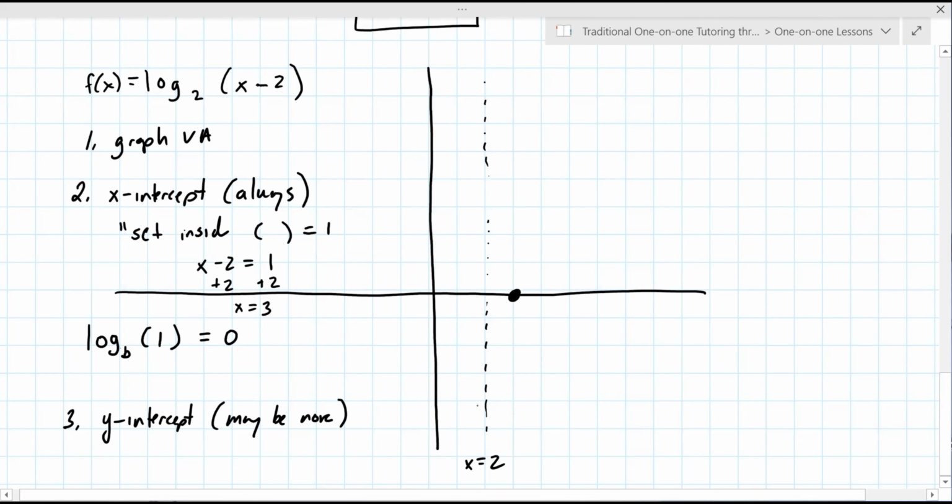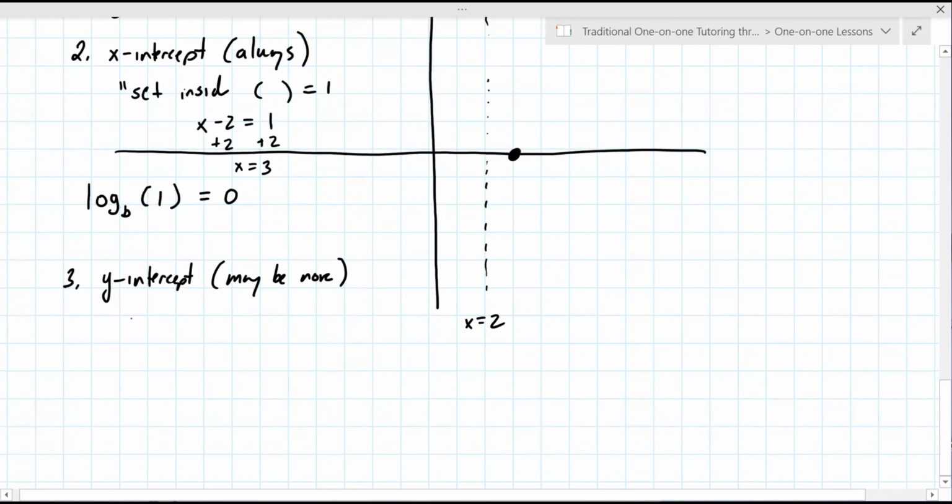Now there's another way we can do this, but we kind of already have. The y-intercept is basically f of 0. Do you remember what we wrote for f of 0 earlier?